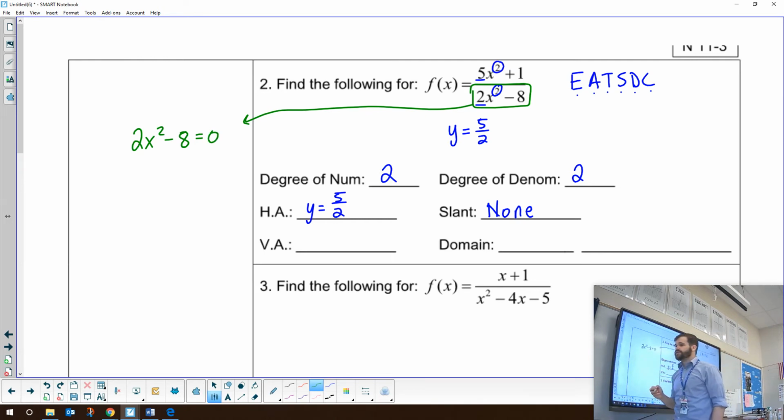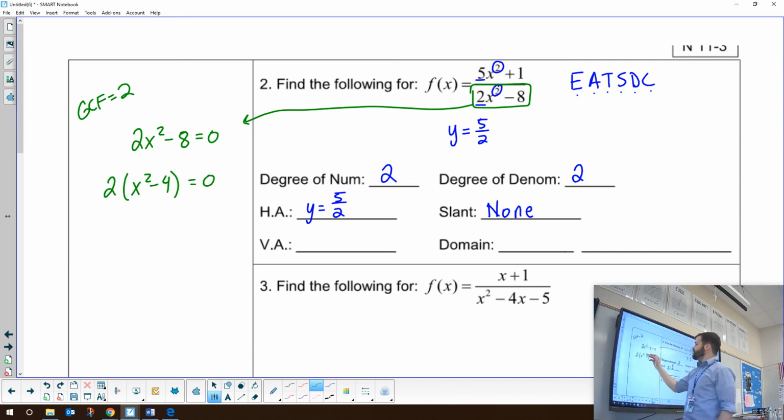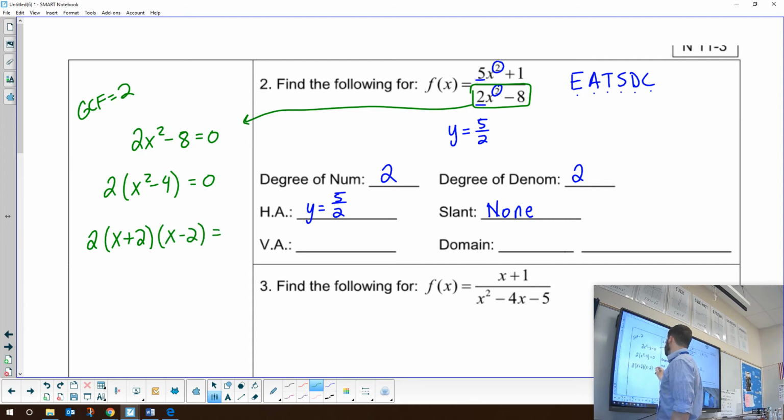I'm going to first pull out a GCF. My GCF for this is 2, so we're going to have 2 times x squared minus 4. Hopefully you remember how to factor difference of squares. X squared minus 4, perfect difference of squares. So we are going to change that to be 2 times x plus 2 times x minus 2.